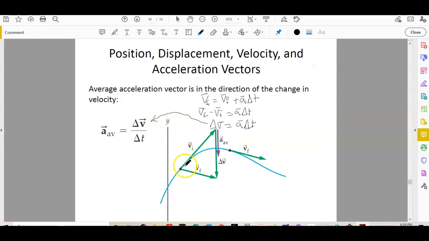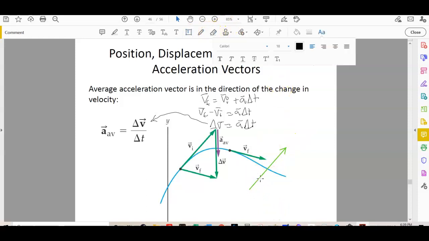So here you have a problem where you're given an initial velocity vector. I'm going to overlay a vector on top of this, and I'm going to use green to be my initial velocity vector. So here's the initial velocity vector. I just measured it out, and then I'm going to label it v_i.